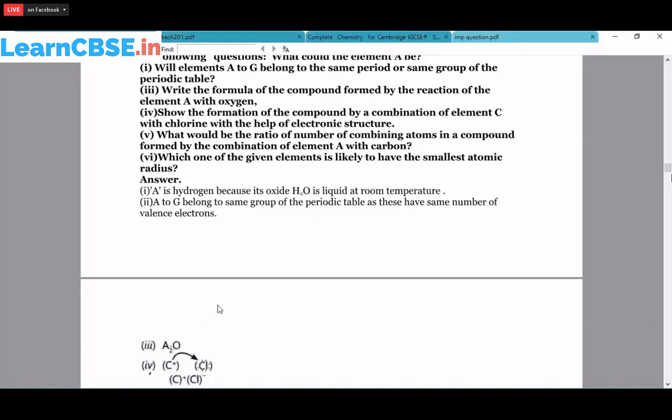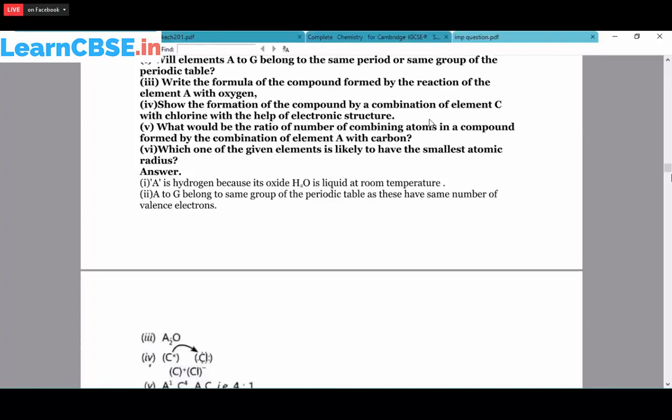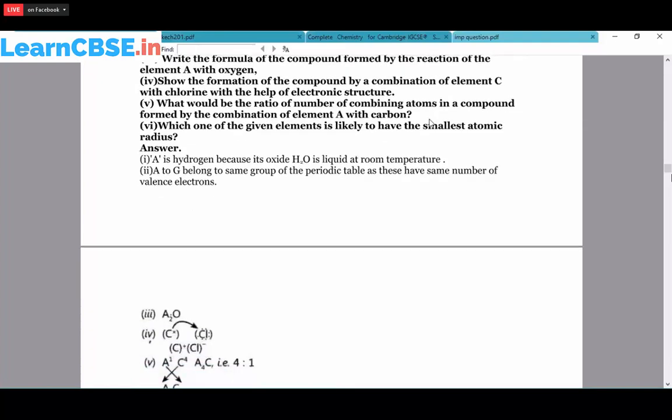So it is A2O. Show the formation of the compound by the combination of the element C with chlorine with the help of the electronic structure. So the formation of the compound by the combination of element C. C is giving one electron because it is present in group 1, just like hydrogen, so it has one electron in the valence shell.